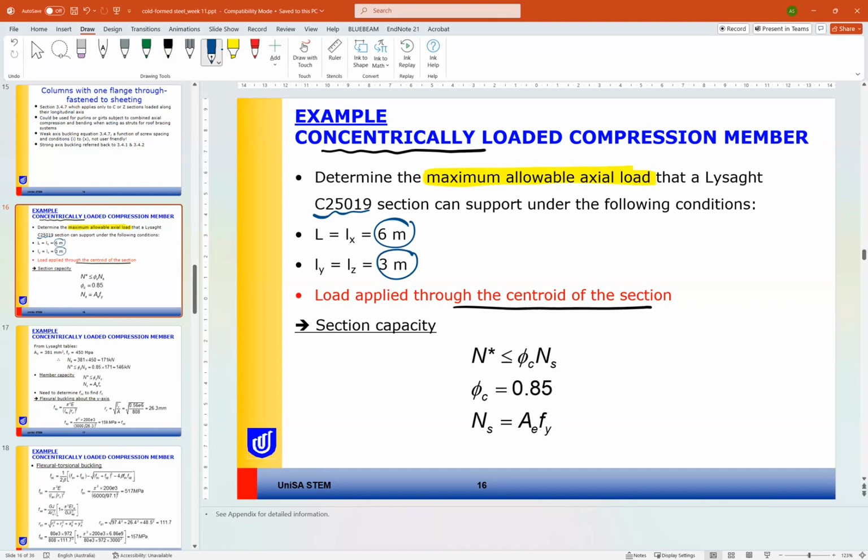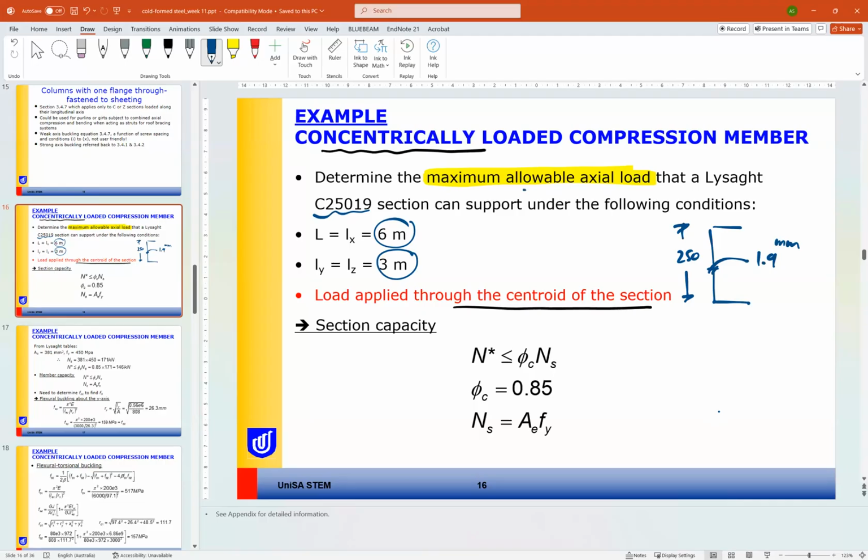So the buckling lengths about x and y are given, and our section is C250, which means the height of the member, and 1.9 millimeter is the thickness.